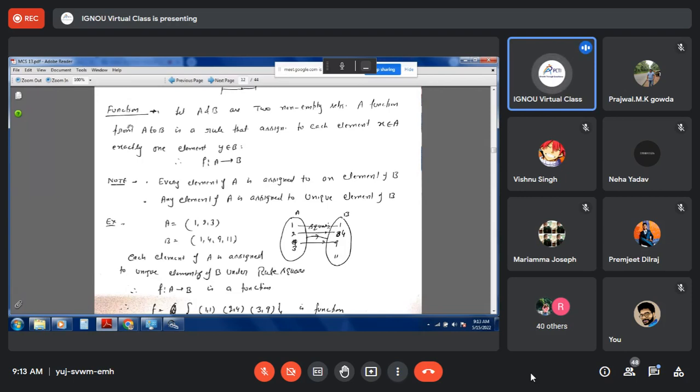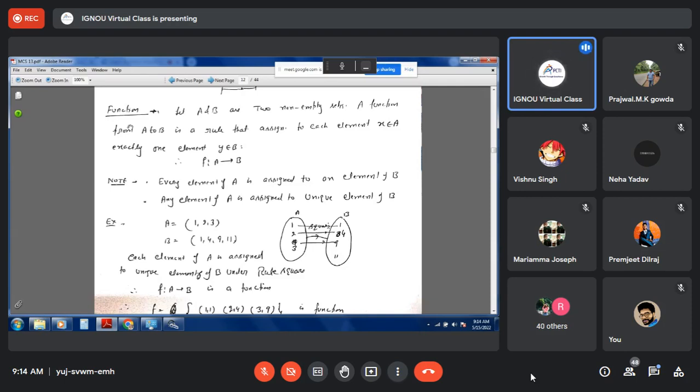The situation: there are four persons standing in front of the looking mirror, but only three images are appearing in the mirror. There is no image of the fourth person. It means it is not a function.